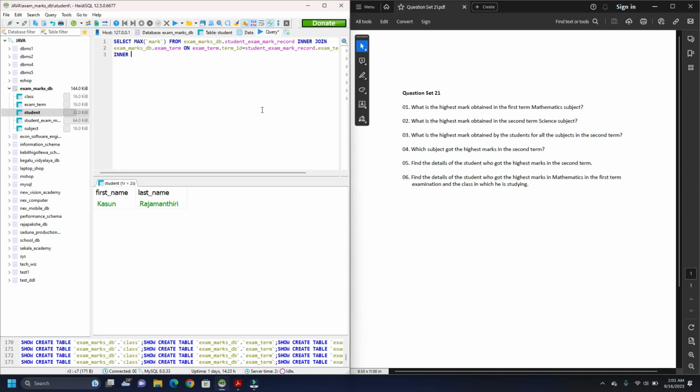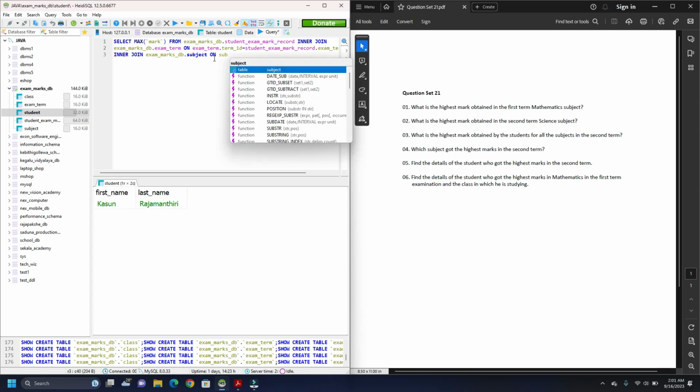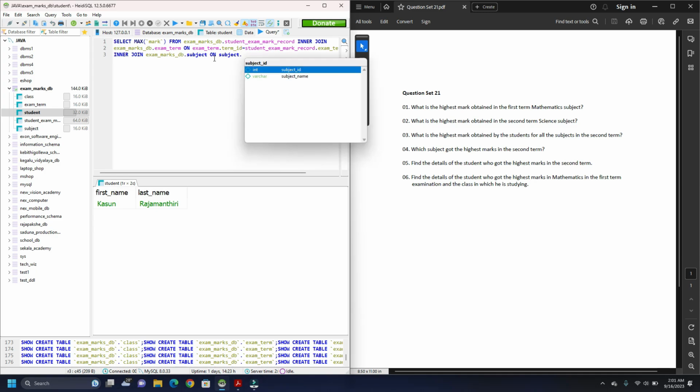And these two tables are inner joined by the subject table to find the subject. So the subject table inner joins the student exam mark record table from subject ID. And lastly, we write the condition using where.